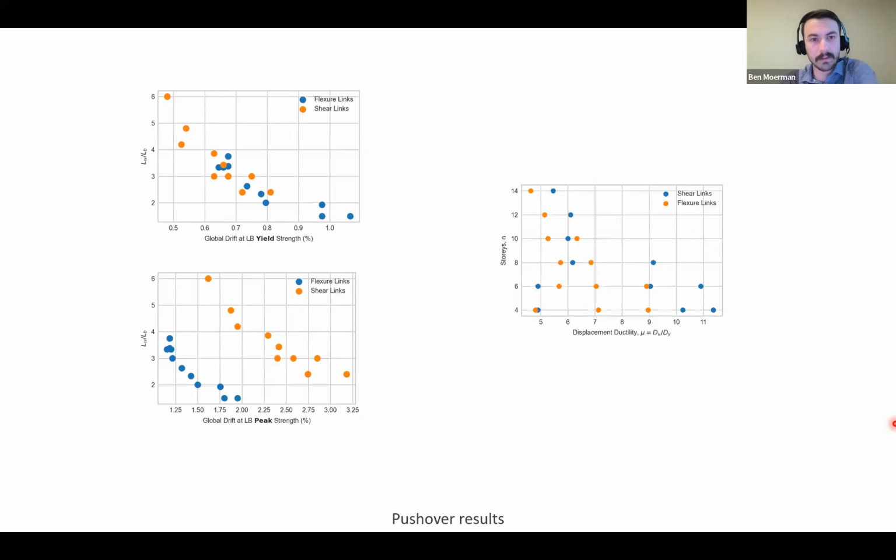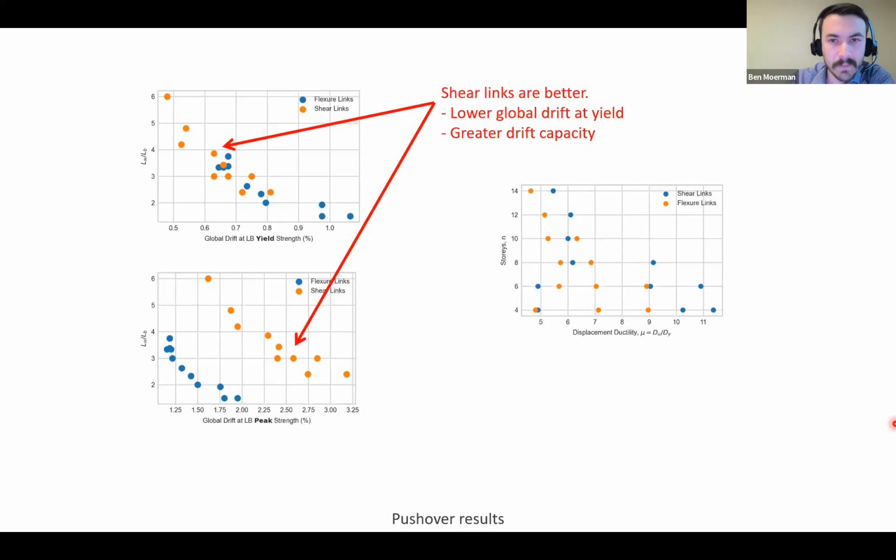So we did pushovers on all those buildings and pulled out a few key results that we could use to inform the subsequent designs. One thing we can generally say, looking at the geometry of wall pier length to link beam length on the y-axis here, and global drift at yield and peak strength, is that our shear links, which are the orange dots, were just a lot better.